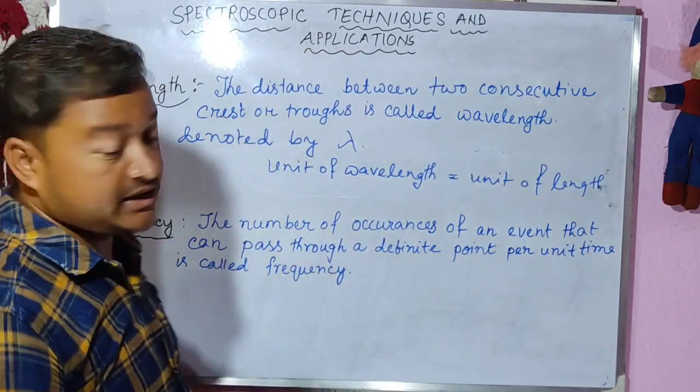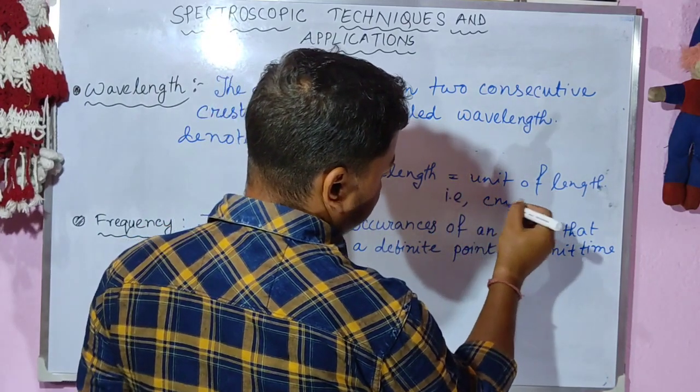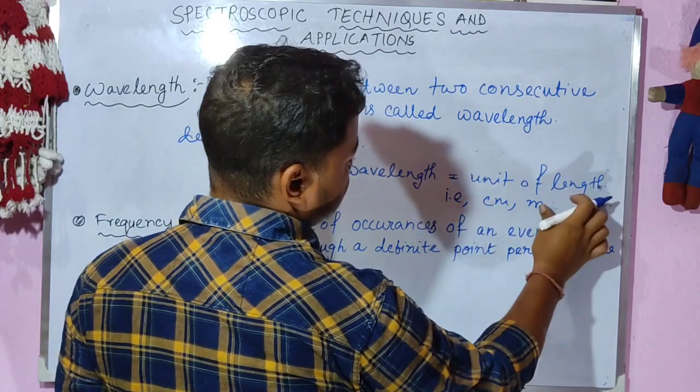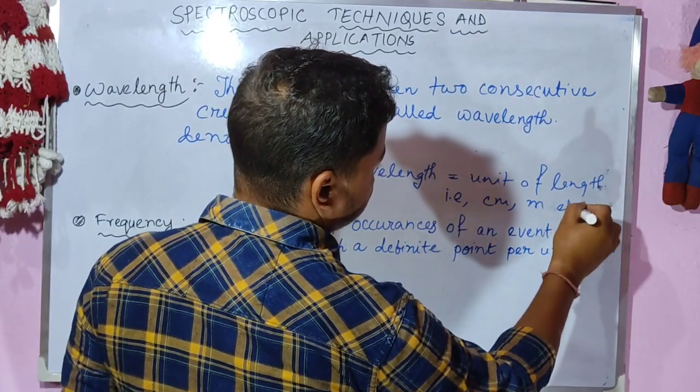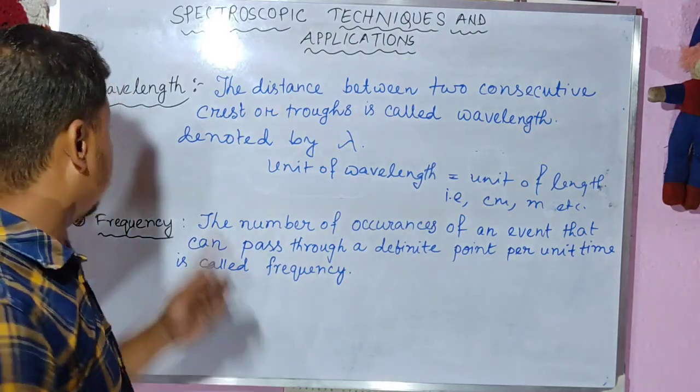So the unit of wavelength is unit of length, that is centimeter, meter, etc. Okay. So any problem with the wavelength?